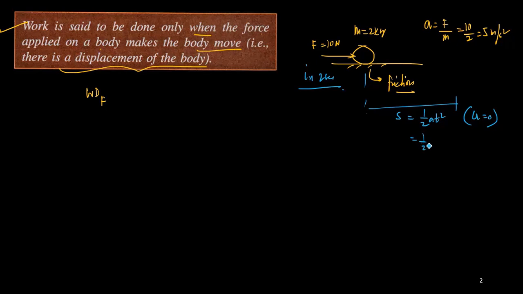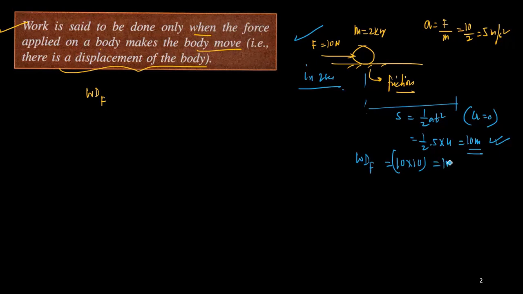Half a means 5, into t square means 4, that means 10 meter. So the displacement is 10 meter, and the work done by this force F is 10 into 10, that is 100 joule.